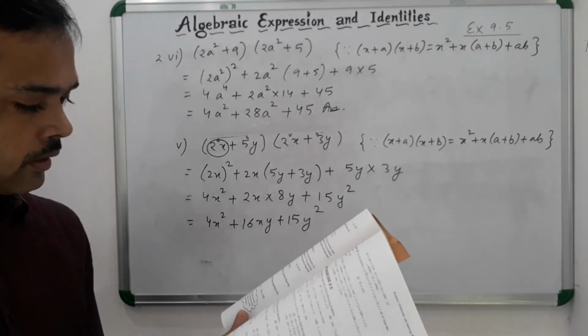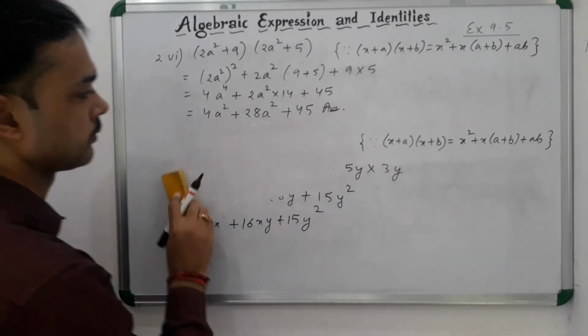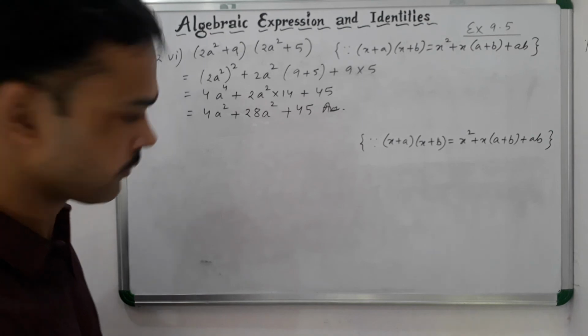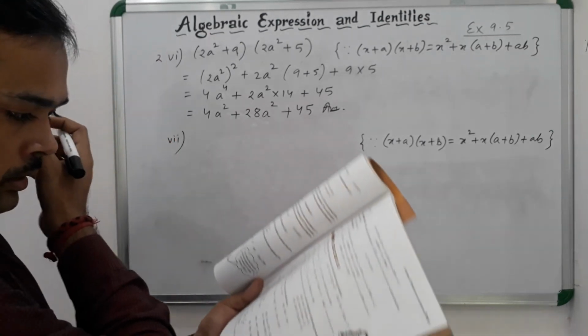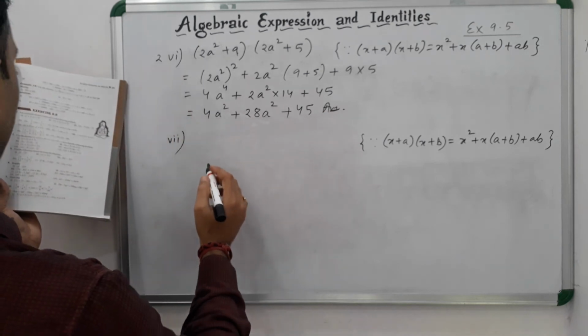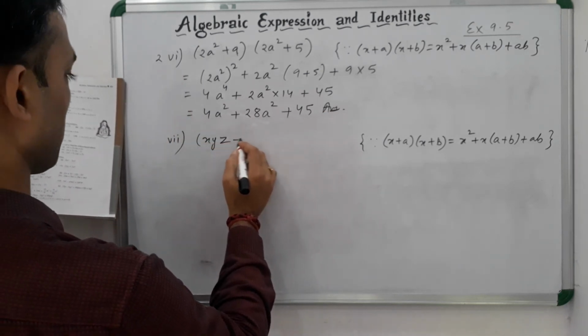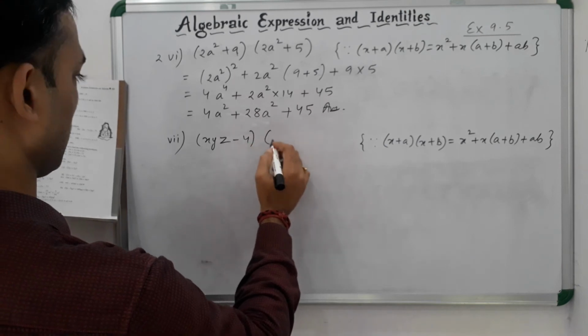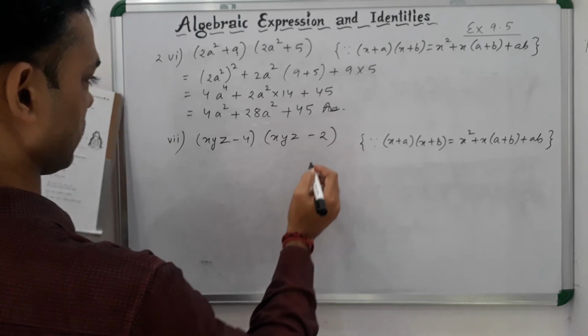Then let us do the seventh part. In the seventh part, the question is (xyz minus 4) (xyz minus 2).